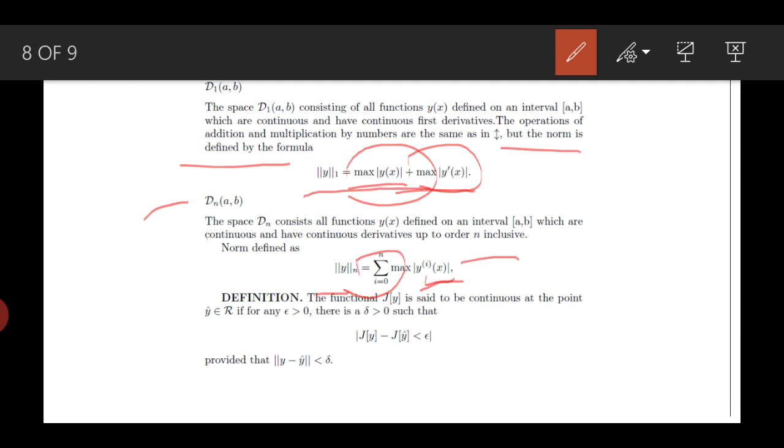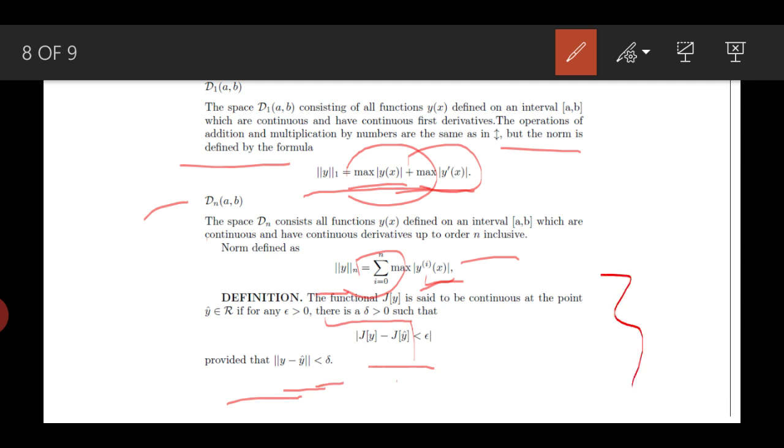And the last topic is basically continuity. The definition is that the functional J of y is said to be continuous at a point y cap if for any epsilon greater than 0 there exists a delta such that the modulus of J of y minus J of y cap is less than epsilon, provided that the norm of y minus y cap is less than delta.